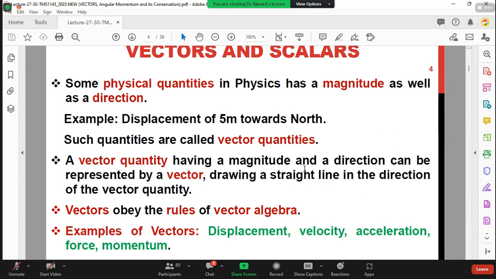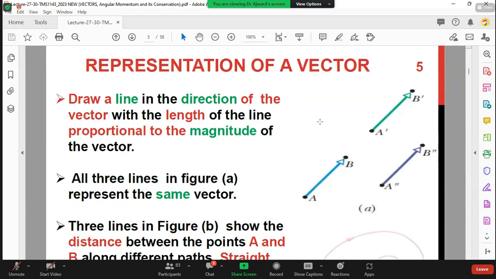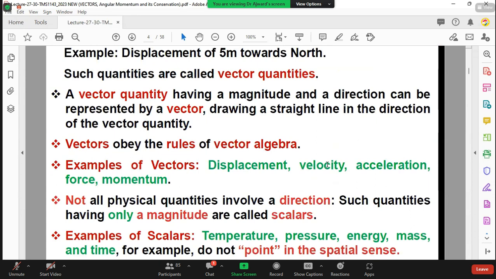And so these are some example vectors: displacement, velocity, acceleration, force, momentum. I think you already heard these terms, except for momentum.